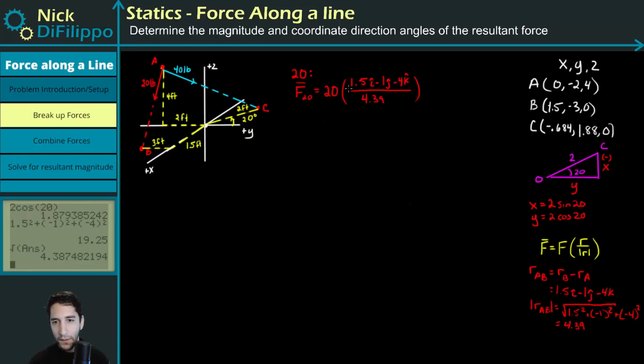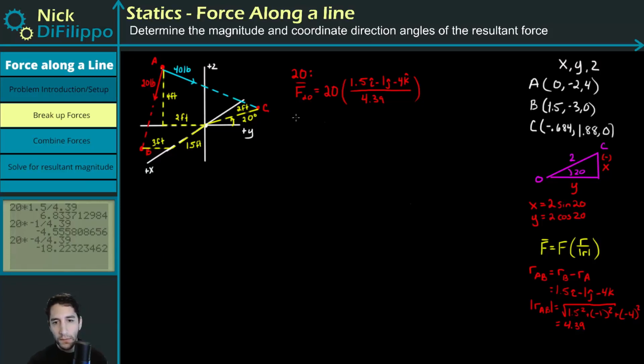So I'm going to do 20 times 1.5 divided by 4.39, 20 times minus 1 divided by 4.39, 20 times minus 4 divided by 4.39.